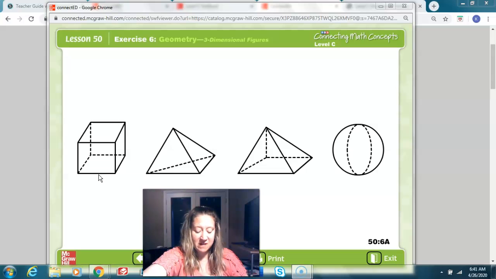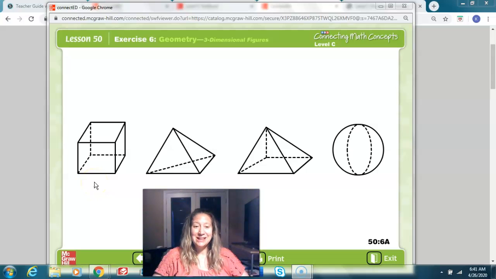So the front face is a square, the back face is a square, the top face is a square, the bottom is a square, and each of the two sides, the faces are squares, okay? This shape is called a cube. What is it called?